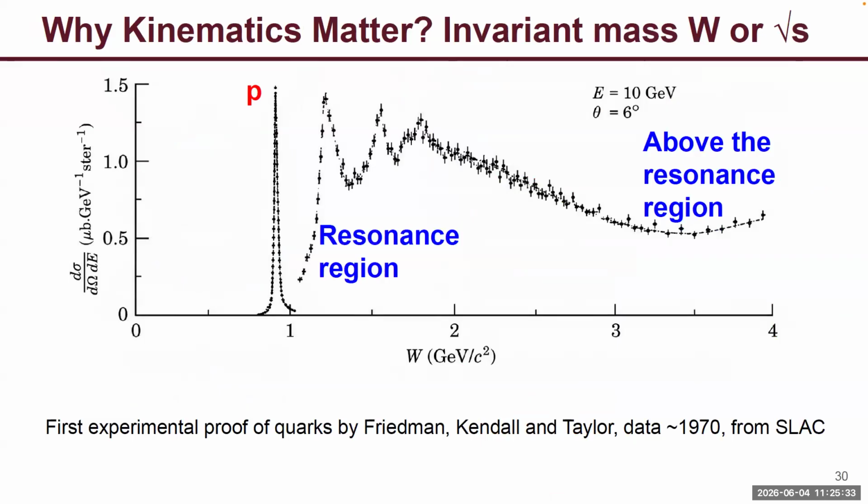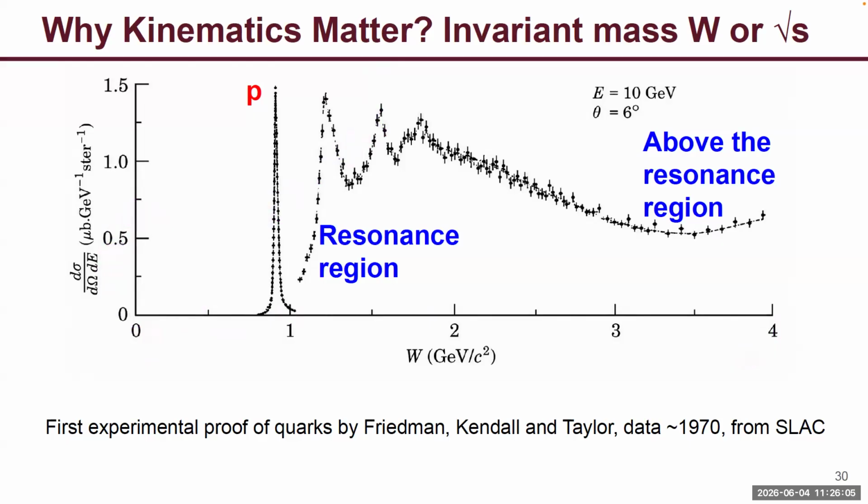So why do these invariant mass, Mandelstam t, and what we call the language of EP scattering matter? It is very important. Here I'm giving you an example. When I say that I'm measuring something above the resonance region, what do I mean? So here is the differential cross-section as a function of W from 0 to 4 GeV.